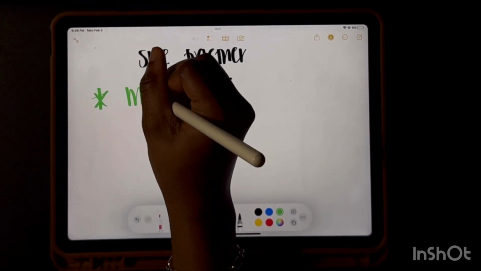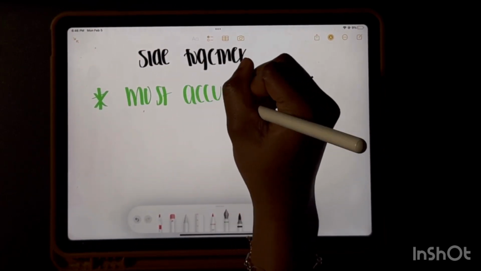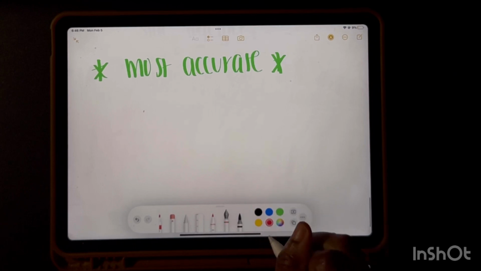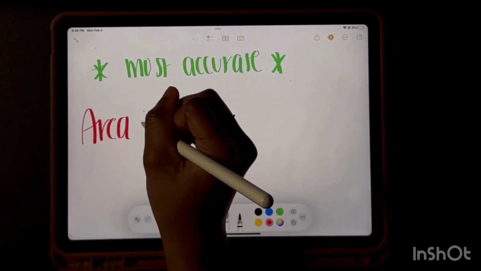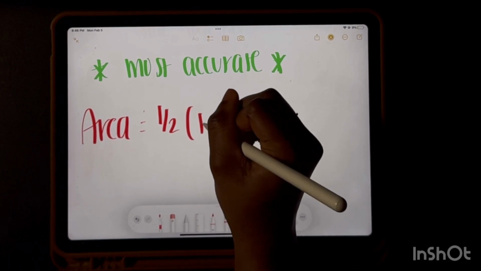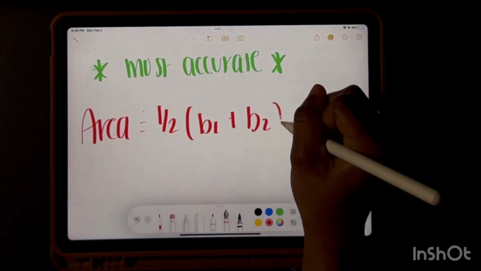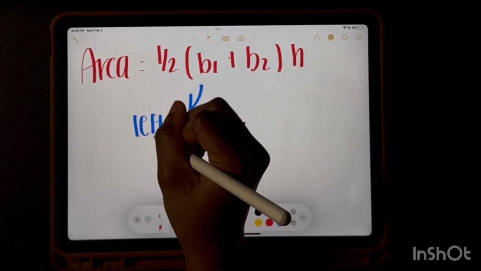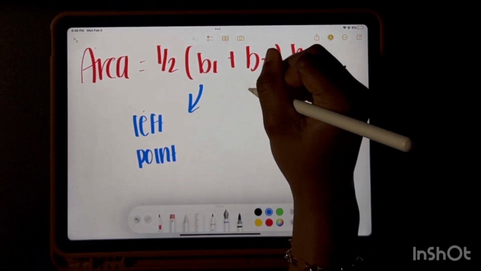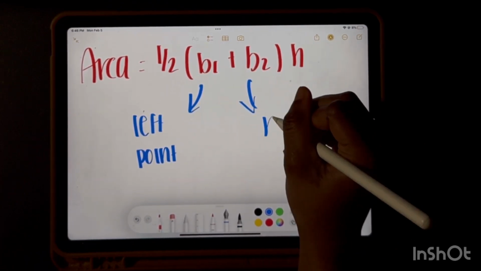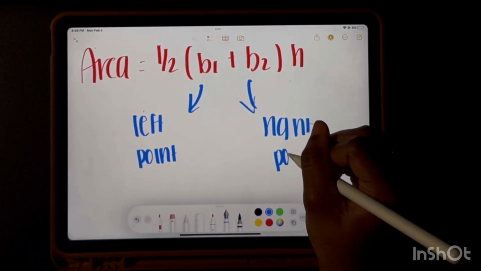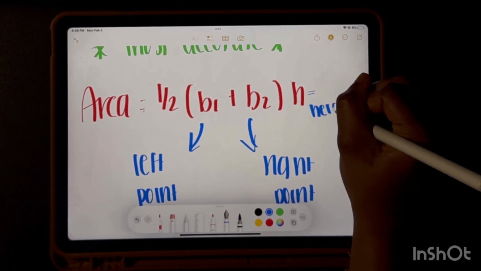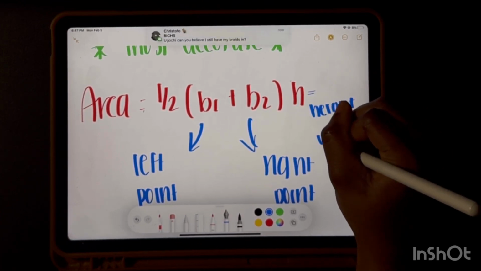Note that this is the most accurate approximation you could get. And to find this, you would say that your area equals 1/2 times B1 plus B2 times your H. Your B1 is your left point, and your B2 is your right point. And then H will equal your height, which also equals your width.